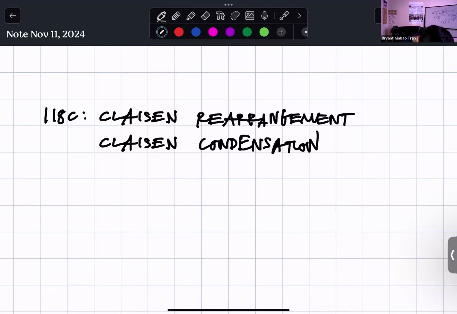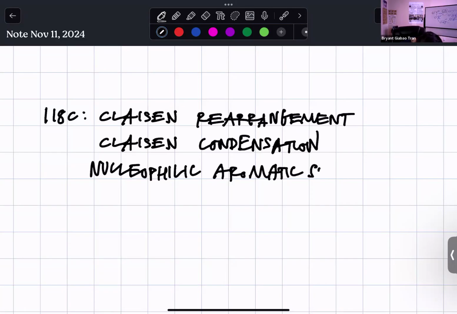We'll go over nucleophilic aromatic substitution.